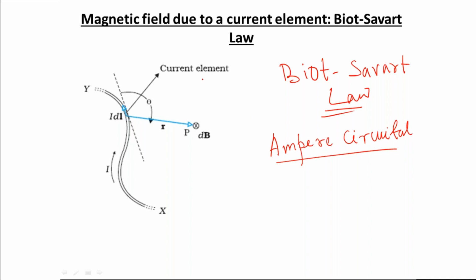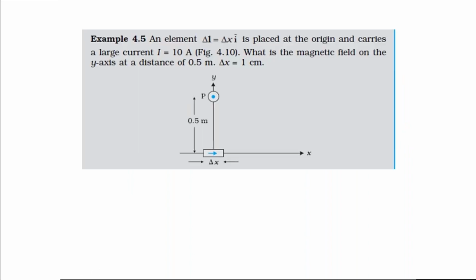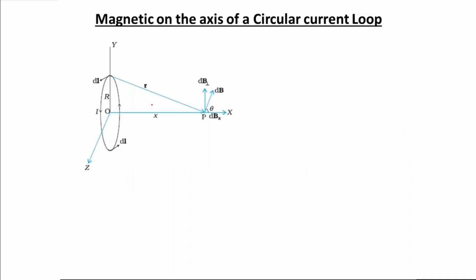So today we'll see what the Biot-Savart law is and how we use it to calculate the magnetic field for a current carrying circular loop.